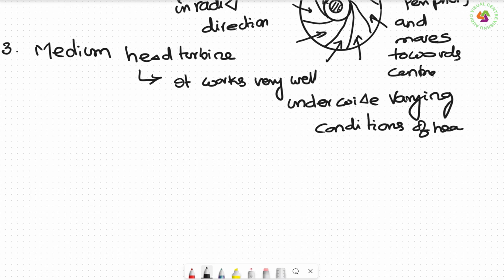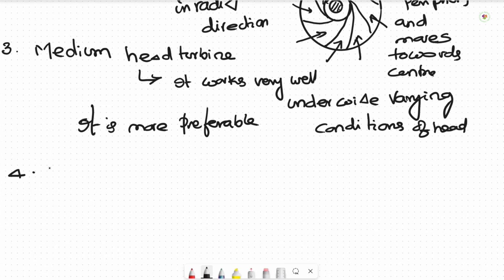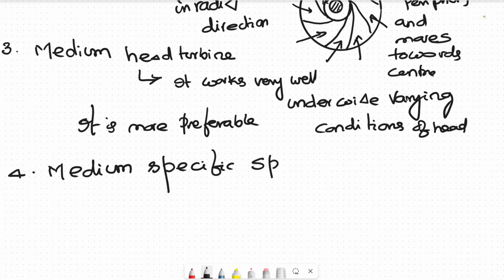That is why it is more preferable. The fourth one is that it is a medium specific speed turbine. So these are the four characteristics.